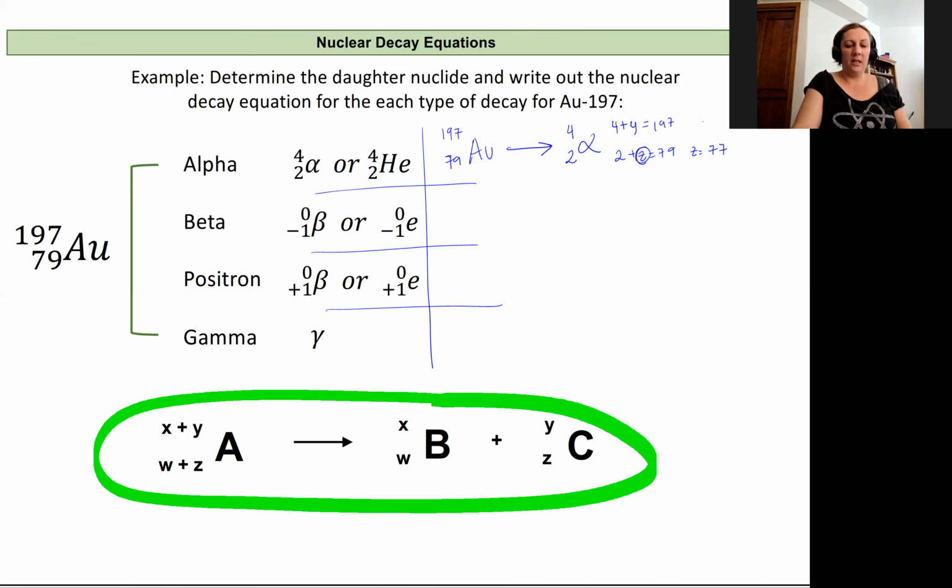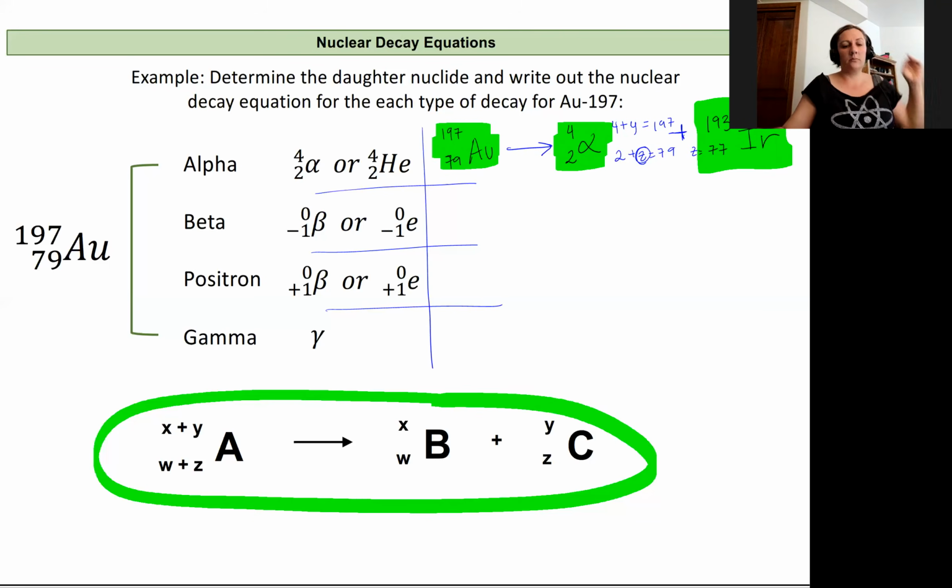So it'll be 193. And so I'll go to my periodic table and say, okay, well, what's 77? It's iridium. So my complete answer would have this iridium right here, the alpha particle, and the gold. And just like a chemical equation, we'll make sure there's a plus symbol in between them as well.